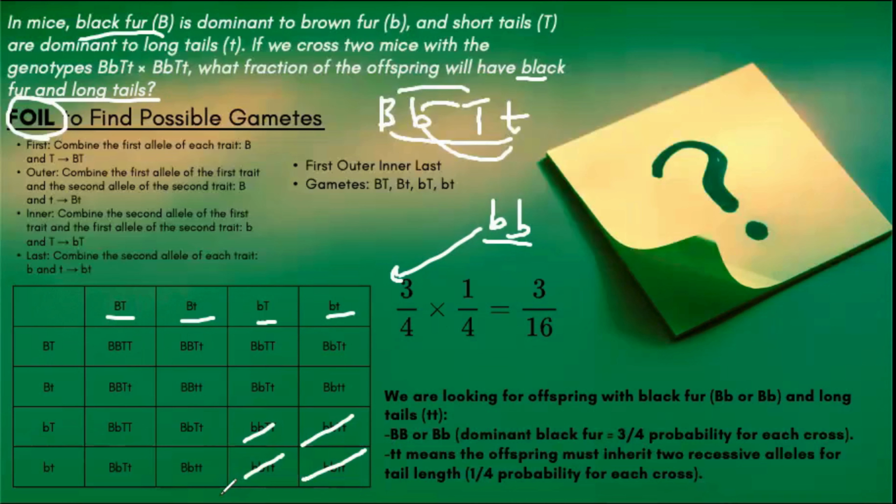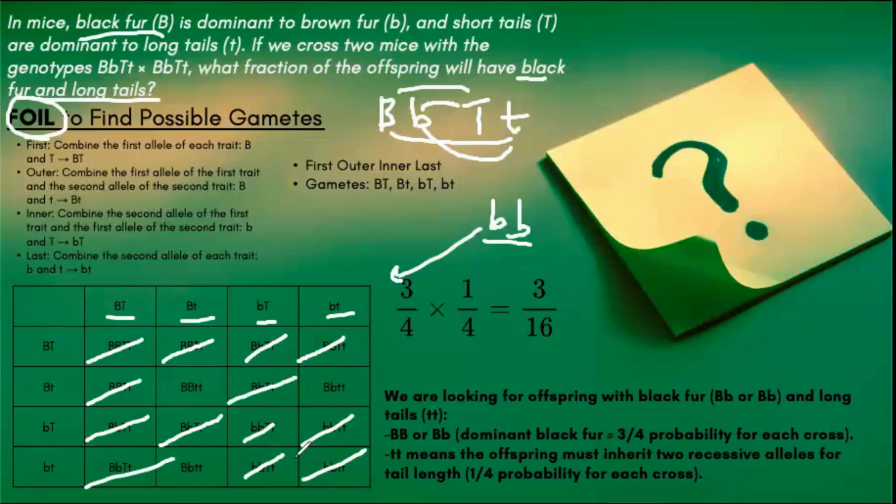So we can eliminate anything that has big T. I can eliminate that one, and that one, and that one, and so on. And as you can see here, we are now left with 3, 1, 2, 3 out of the total number of boxes, which is 16. So you get 3 over 16.